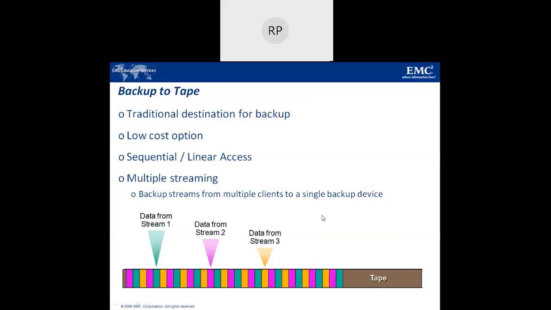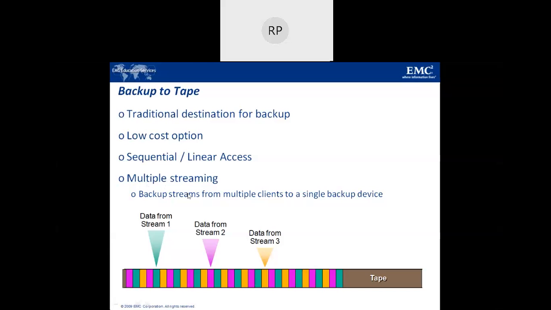Now, backup to tape is a traditional destination for backup. Means since a long time you have been using backup tapes for taking the backup because it is a low cost option. But here the data is read or accessed in sequential or linear access. There is no random access, and you can have multiple streaming of data.